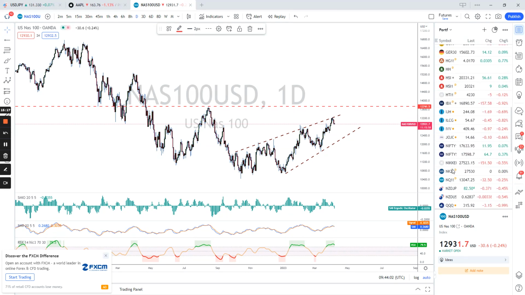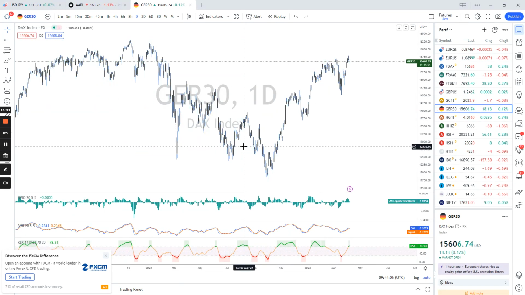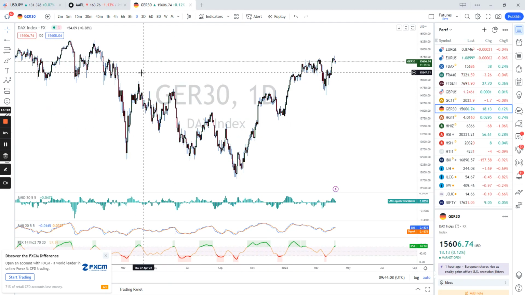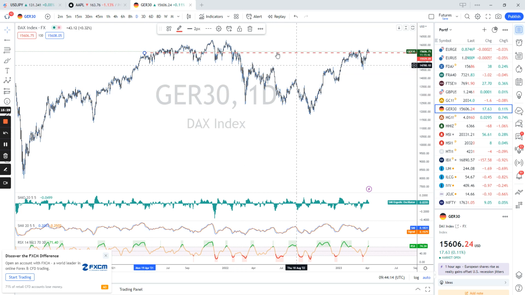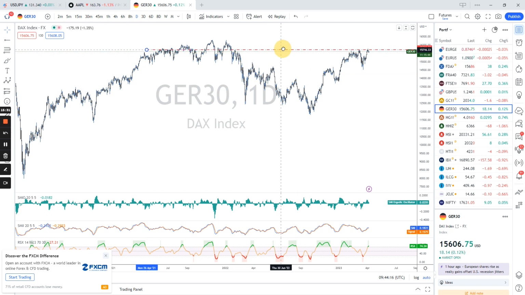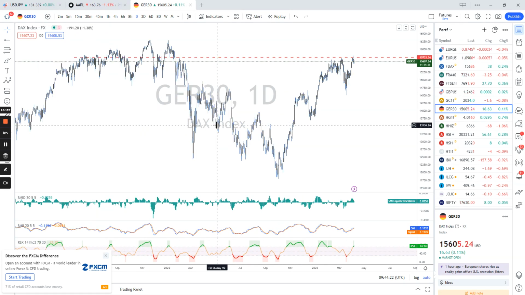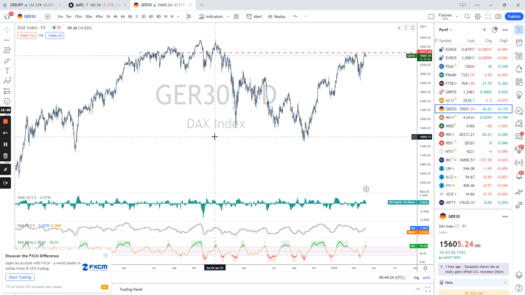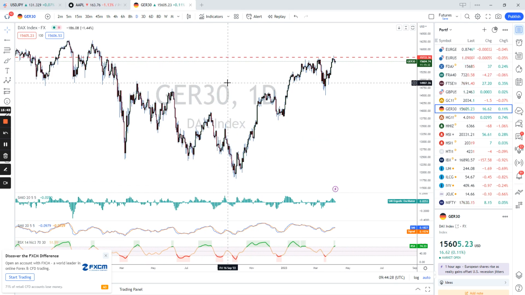If we look at the European indices, especially the leading DAX, it almost reached a historical high, which was broken to the downside because of the war in Ukraine, which happens to be on European soil, and all the complications arising from that.